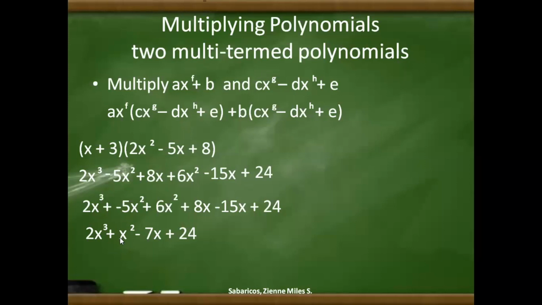Once again, it is understood without a numerical coefficient, it means that its numerical coefficient is 1. x squared. There. And then we do positive 8x minus 15x. Since, once again, it's negative and positive, we subtract. So 15 minus 8 is 7. We copy the sign of 15 because 15 is bigger. So it's negative, or minus. So minus 7x. And then we just bring down 24. This is the answer.